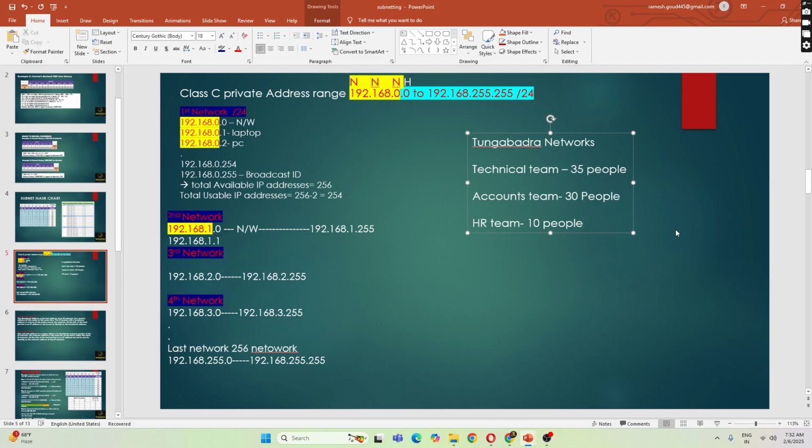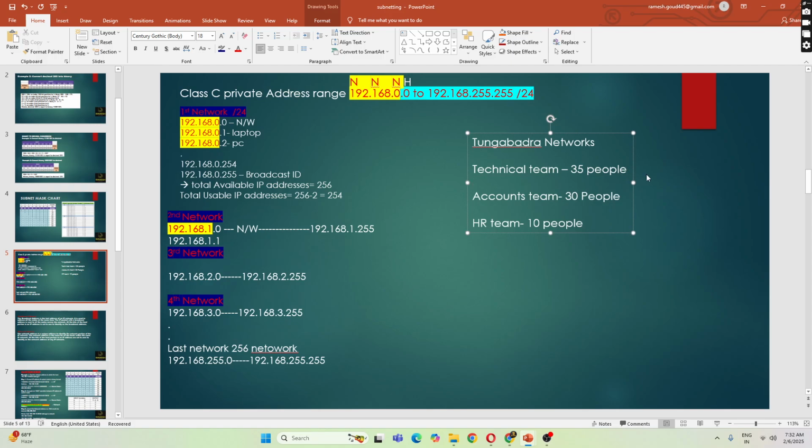Now for 35 people I need 35 computers, right? I need to give a laptop to each of them. For the technical team, I need 35 laptops or computers.